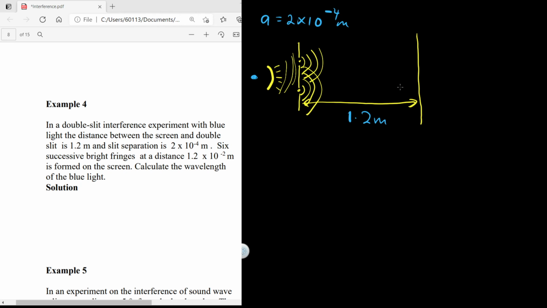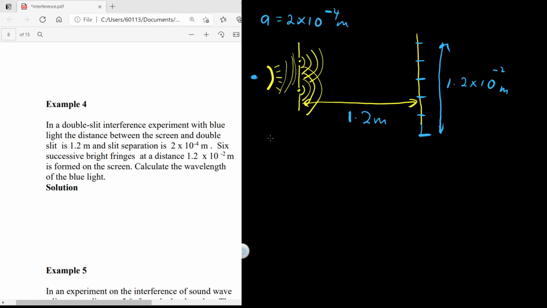We have 6 successive bright fringes, 1, 2, 3, 4, 5, and 6, and the distance for the sixth successive is 1.2 times 10 to the power of minus 2 meter. So here we have meter, meter, and meter.